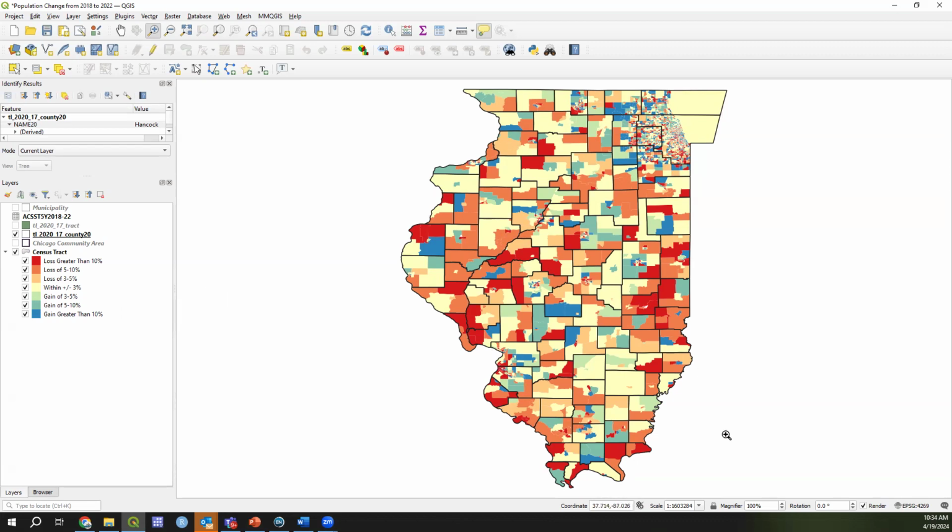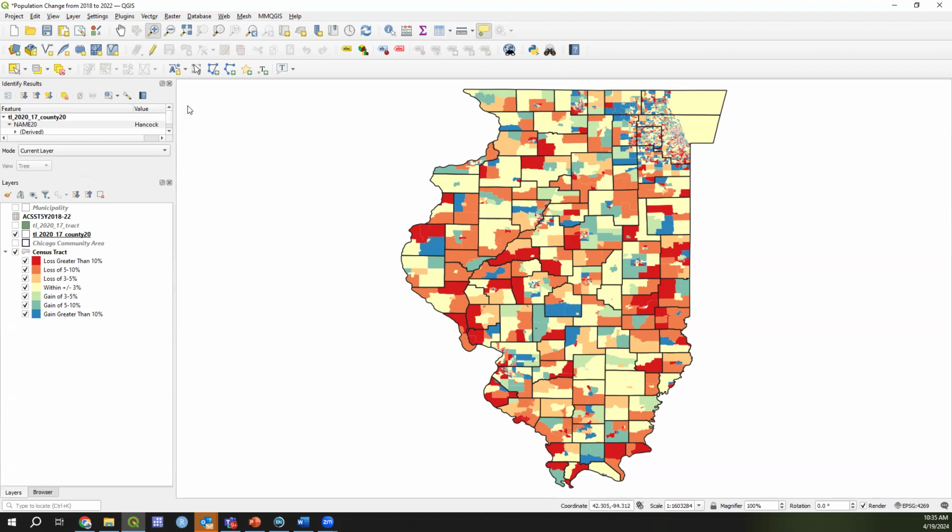So what's interesting here is that those counties that include census tracts that had population losses very often tend to be the counties that border other states, like Indiana, the eastern part of the state, and the southwestern part where they border Missouri and Iowa to the west.